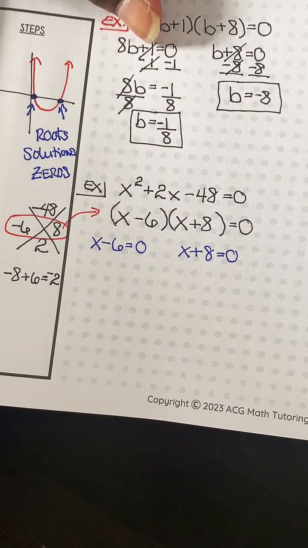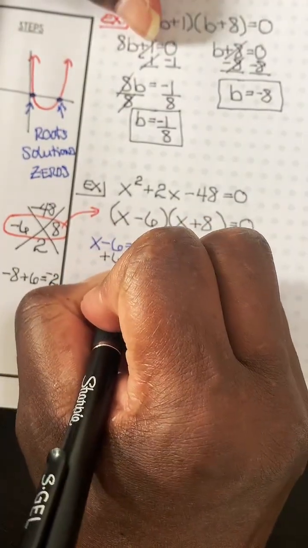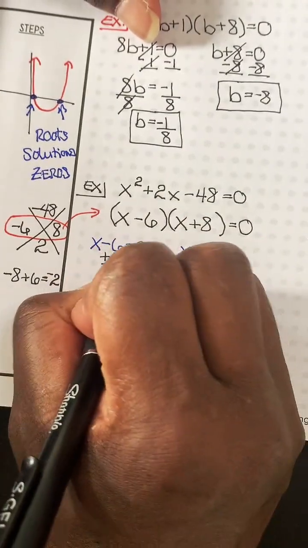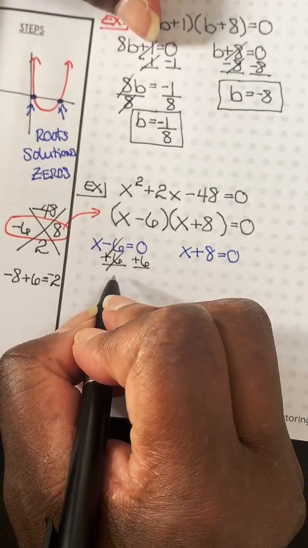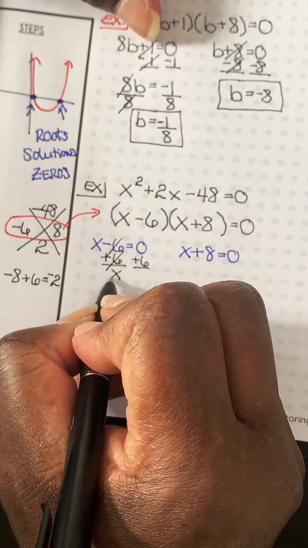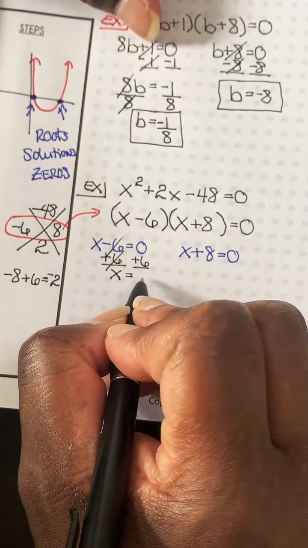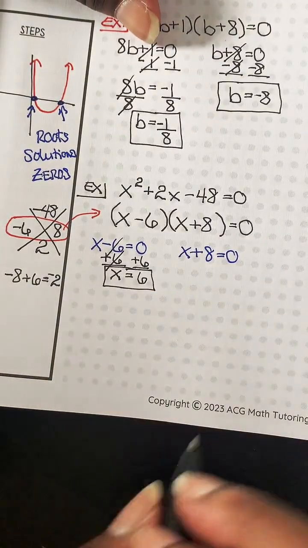Hey Blue, welcome back. Alright, so we have to add 6 on both sides. So negative 6 and positive 6 gives me 0, but we don't need 0 as a placeholder because we still have our x. And 0 plus 6 will give me 6. So that's x equals 6.